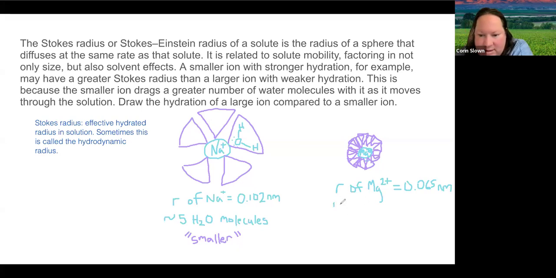And it can fit about 15 water molecules. So if we're thinking about this, the effective charge, because we said this is bigger. And I'm sorry that my drawing is not perfect to represent that. It should actually come kind of out to here, but I didn't make my triangles big enough.